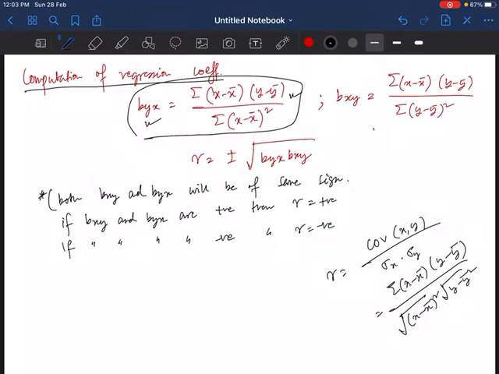The top portion is summation of (x minus x bar)(y minus y bar), divided by summation of (x minus x bar) whole square. Bxy will have the same numerator, but in the denominator it will be summation of (y minus y bar) whole square.